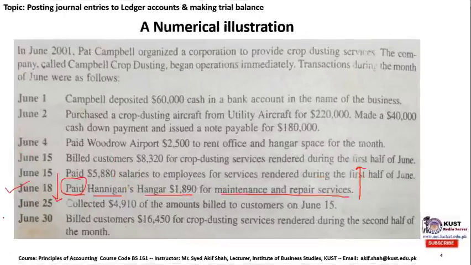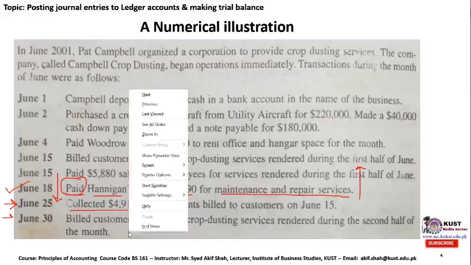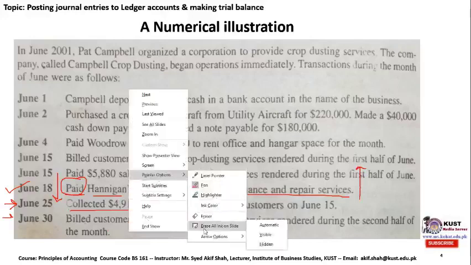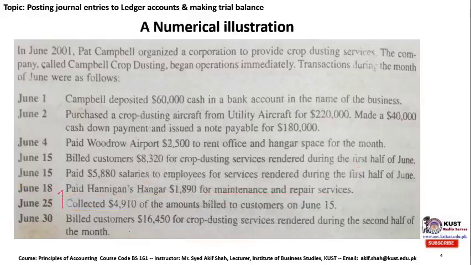We have the June 30th transaction, rather June 25. On June 25, the company has collected $4,910. So definitely in this case, the company's cash level will go up because we have collected this amount against what we have billed to the customer on June 15.